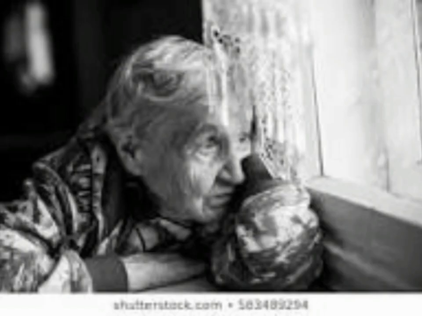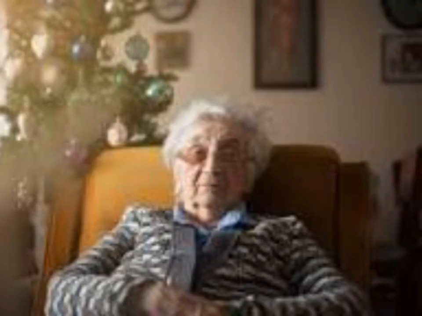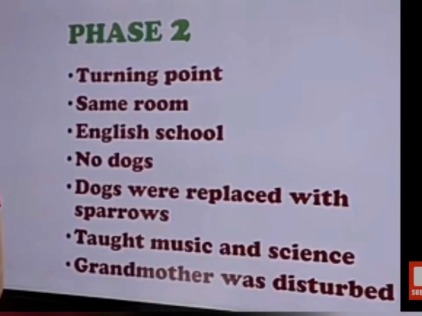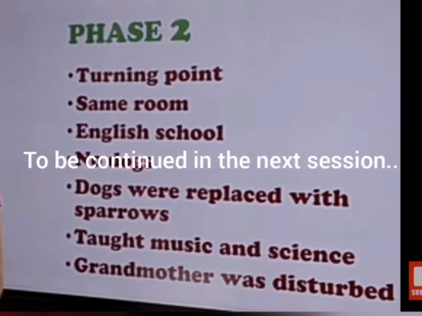Finally, she was put up in melancholy and sorrow. Only loneliness surrounded her. So, dear students, in this video, I've covered two phases of the author's life. The remaining part of the lesson will be continued in the next session.